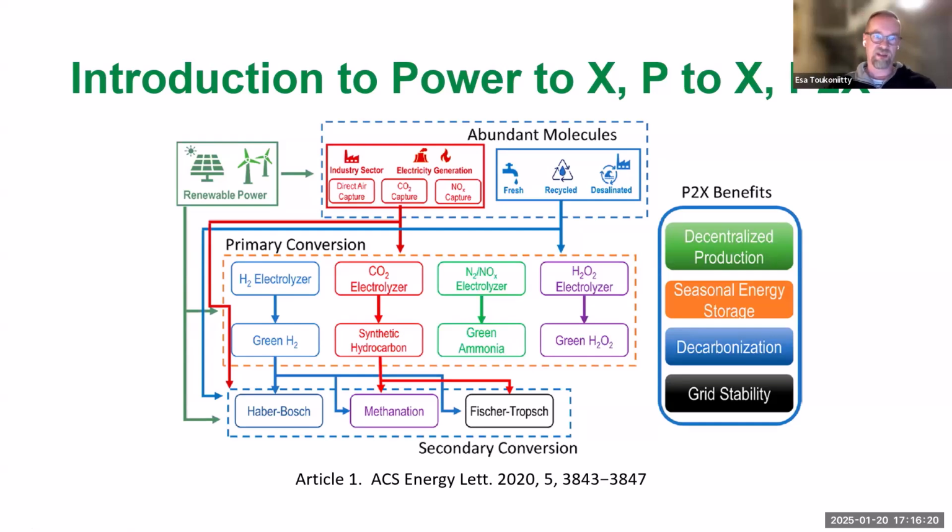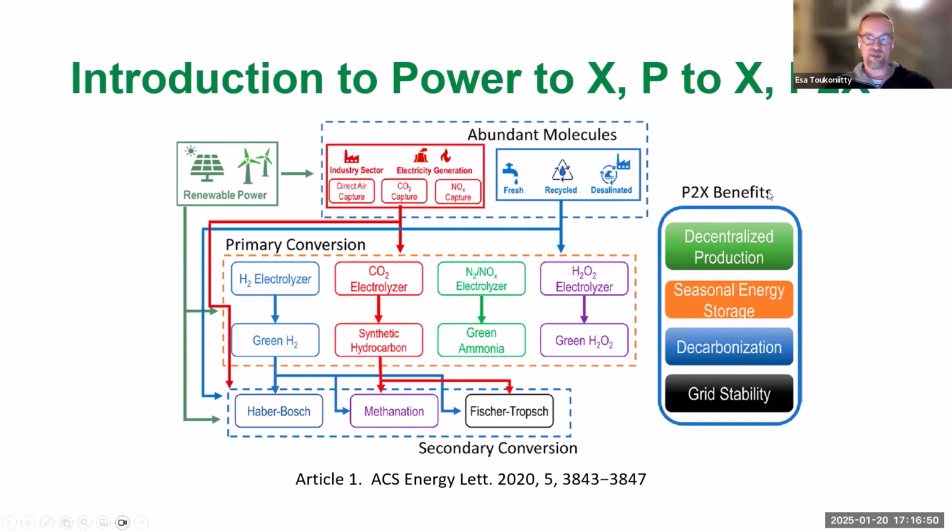So basically the primary conversion is just generating the raw materials, and these raw materials can be further processed in the secondary, third, etc. following conversion steps.